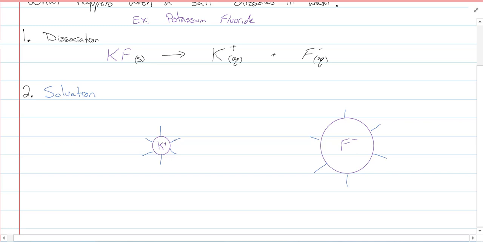Potassium is positive, so the negative side of the water will be around the potassium. So we'll write it as H2O. You may even write it as OH2 to show you that oxygen is by the potassium.